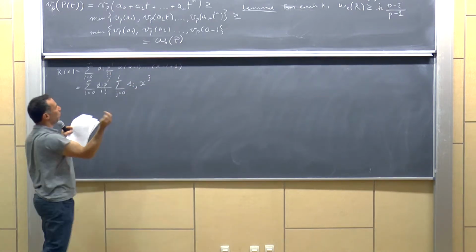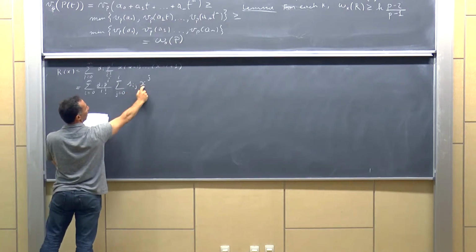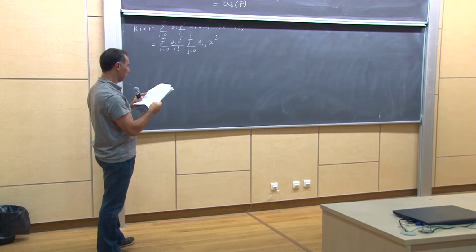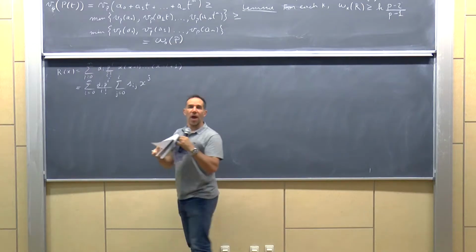I'm collecting together the coefficients of the terms x to the j, and these S_ij are integers.